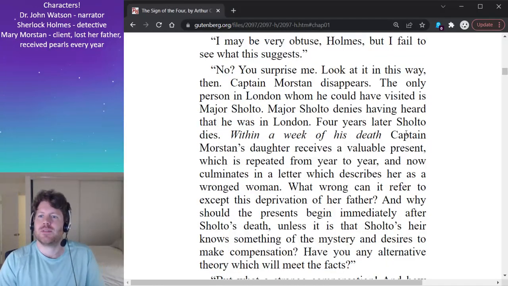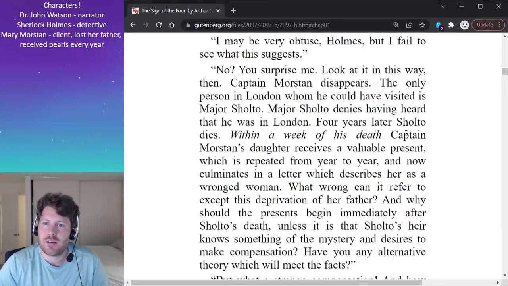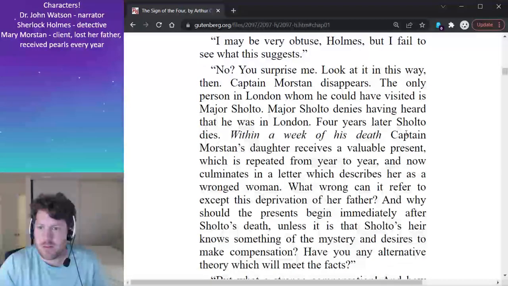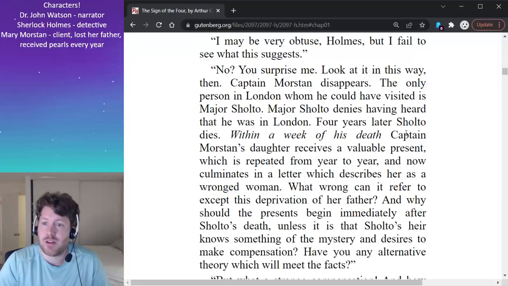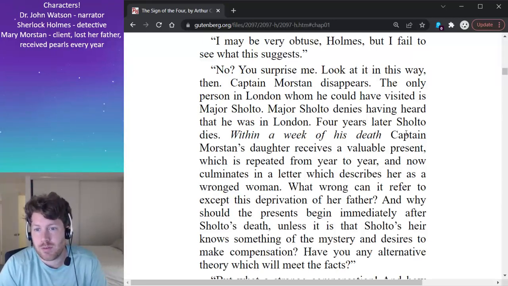"No, you surprise me. Look at it in this way, then. Captain Morstan disappears. The only person in London whom he could have visited is Major Sholto. Major Sholto denies having heard that he was in London. Four years later, Sholto dies. Within a week of his death, Captain Morstan's daughter receives a valuable present, which was repeated from year to year, and now culminates in a letter which describes her as a wronged woman.